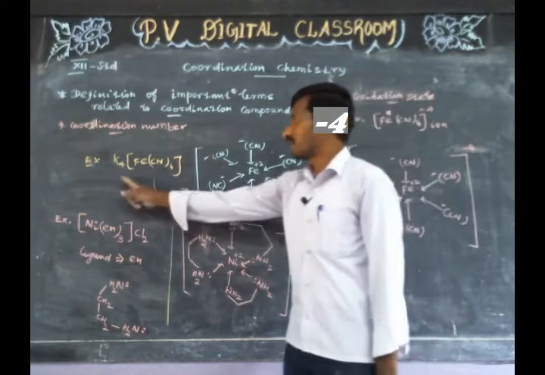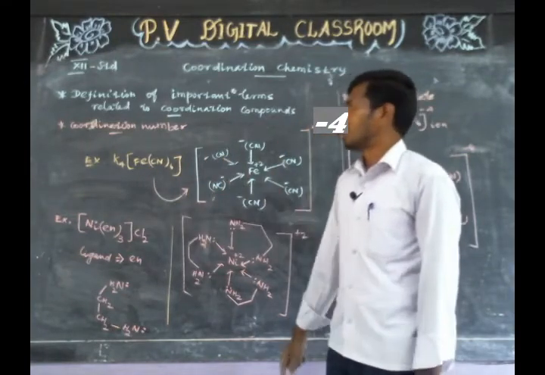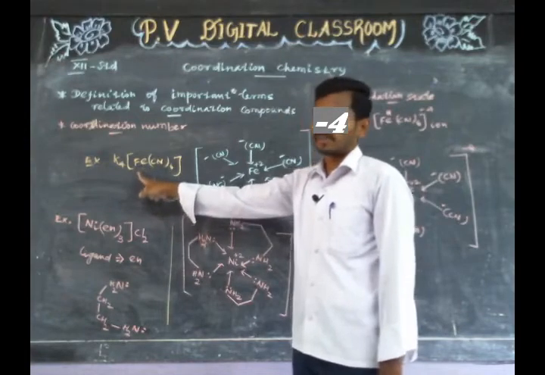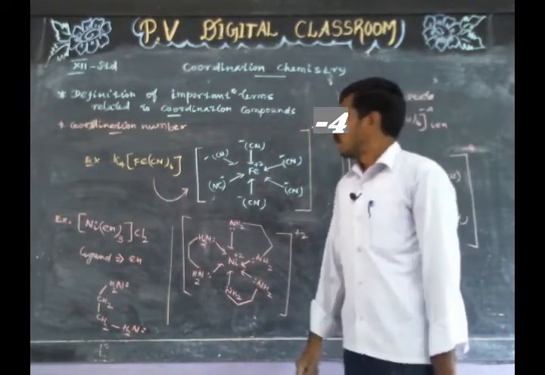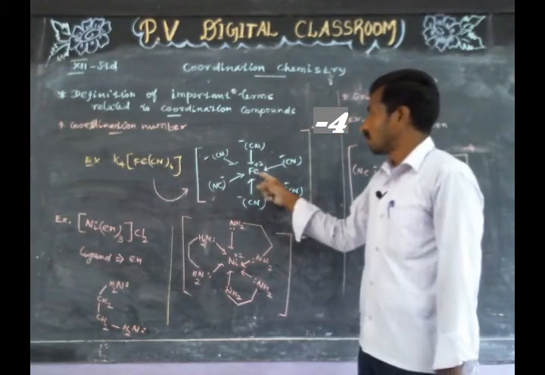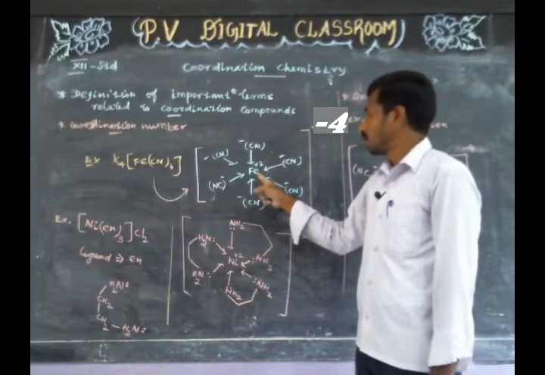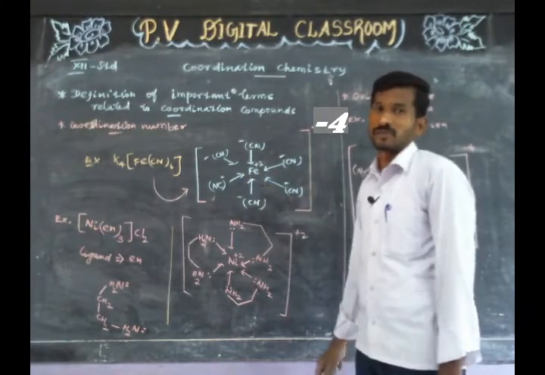Example, potassium ferrocyanide. In this compound, the coordination number of the central atom is 6. This is because around the Fe+2 ion, 6 coordinate bonds exist.